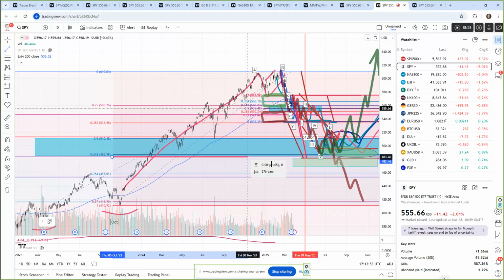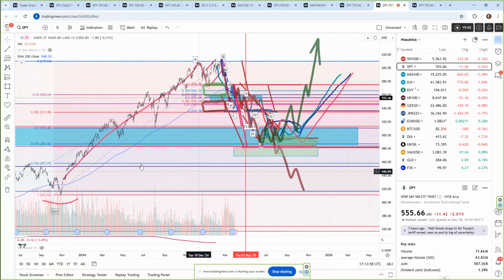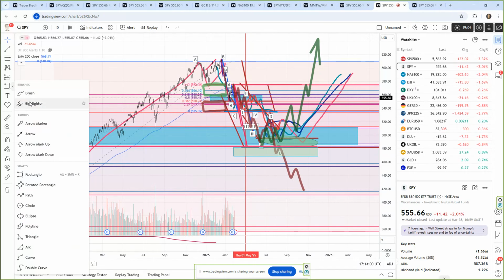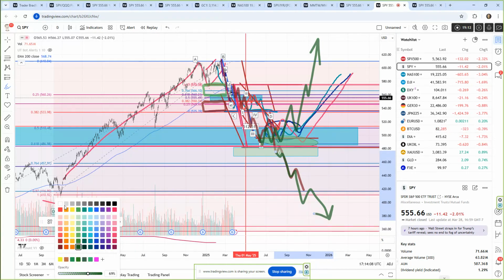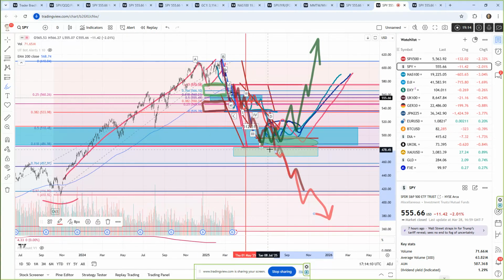essentially this level here, then yeah, we have a downside risk, a much greater downside risk right here if we get below this range right here. Basically, call it 475, 480.